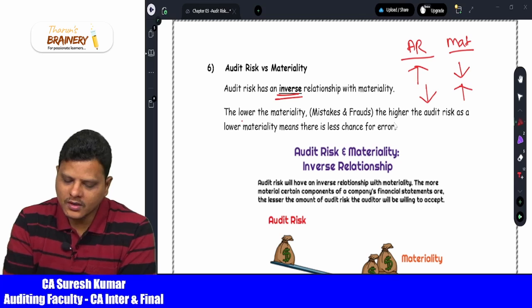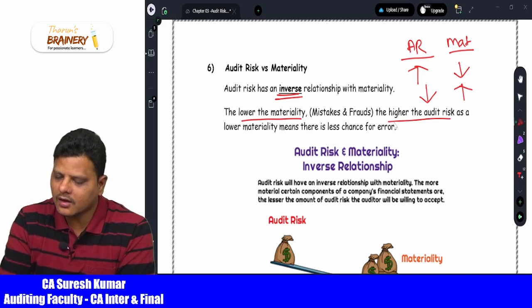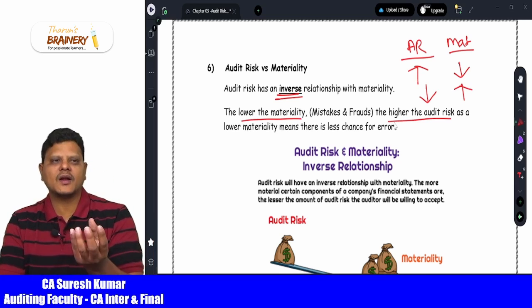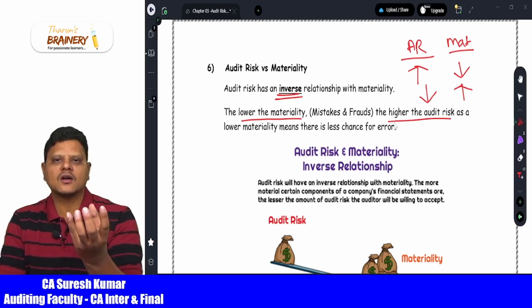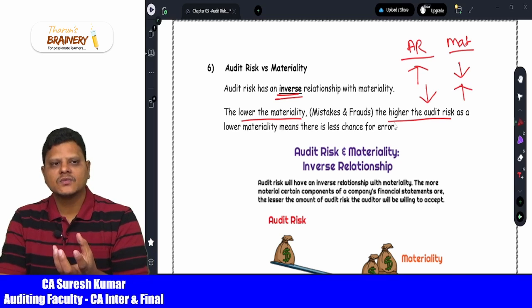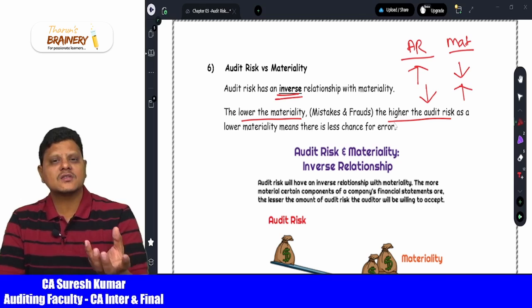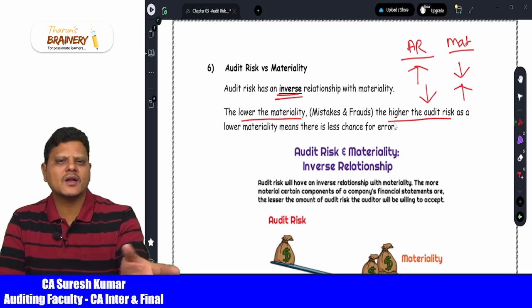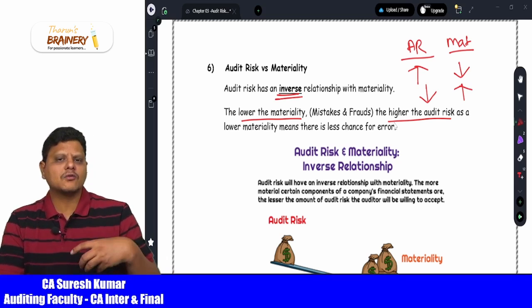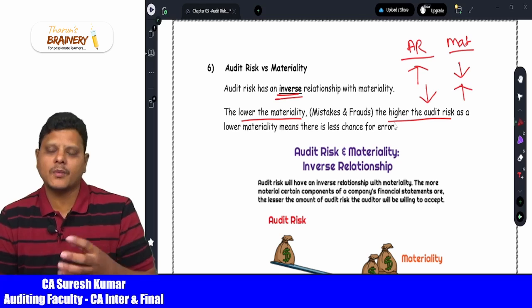Now, the lower the materiality, the higher the audit risk. That means when the auditor sets the materiality level to 50 rupees, 100 rupees, 500 rupees like that, he may not detect such small transactions which are highly concealed by particular employees. And in the case of a large volume of transactions, it may not be possible.